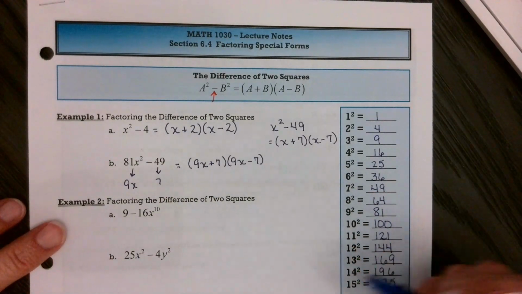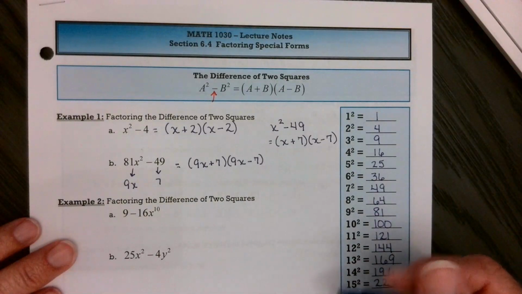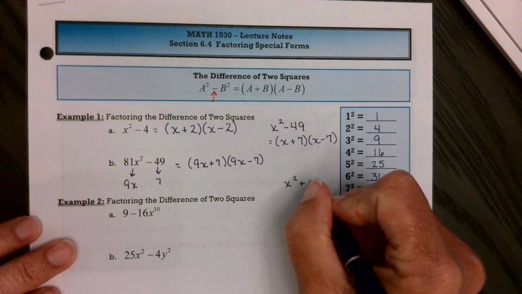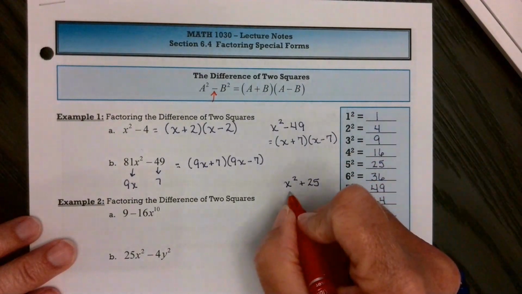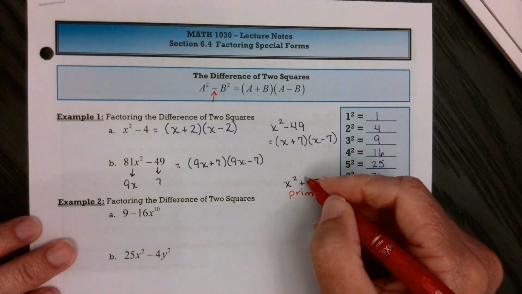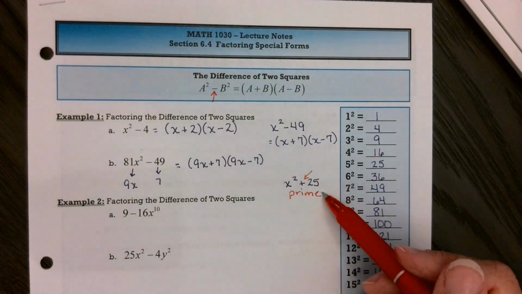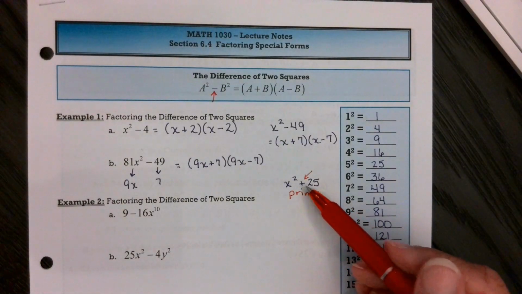If you should see anywhere in these problems something that looks like this, x squared plus 25, this is known as prime because it will not factor. There is nothing that has 2 terms where it's an x squared and a constant. If that's a plus sign, it can't work. Okay?